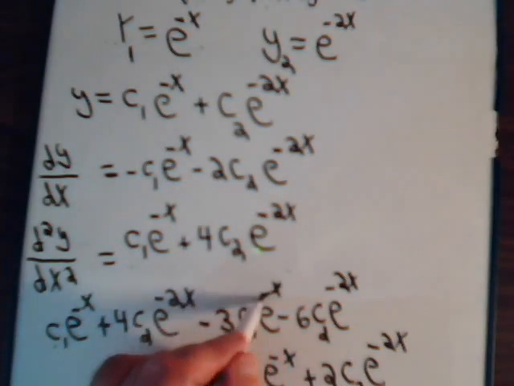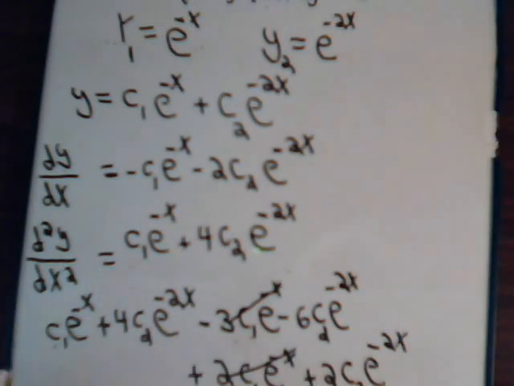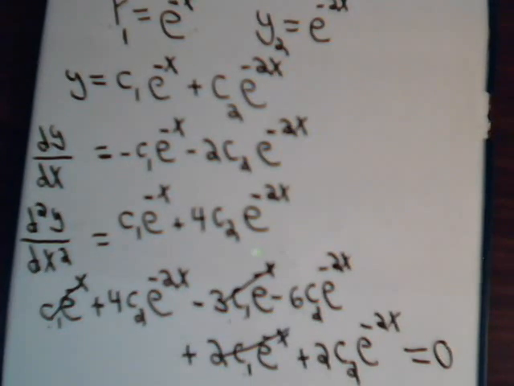So these cancel each other out. And then we have 4 C2 plus 2 C2, that's 6 times C2, minus 6 times C2, all times this, that indeed equals 0.